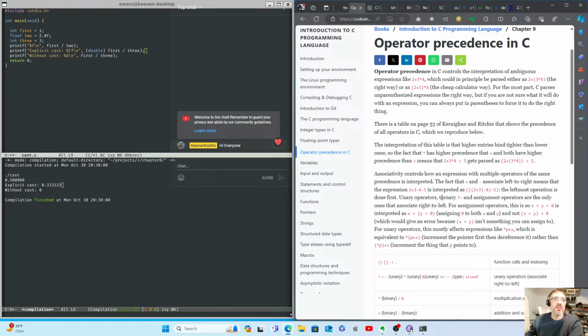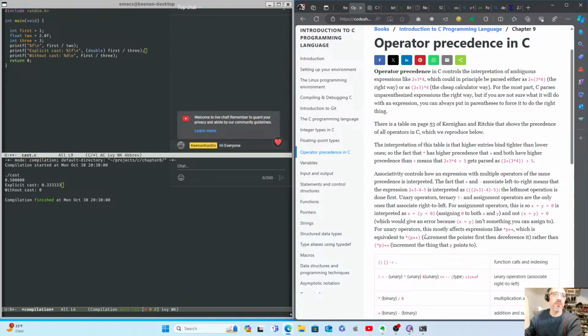Unary operators, ternary, and assignment operators are the only ones that associate right to left. For assignment operators, this is so x = y = 0 is interpreted as x = (y = 0), assigning 0 to both x and y, and not (x = y) = 0, which would give an error because x = y isn't something you can assign to.